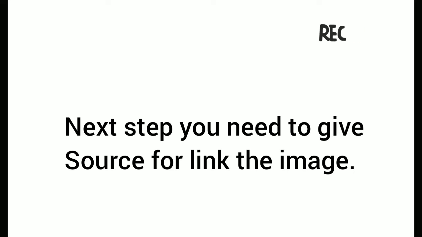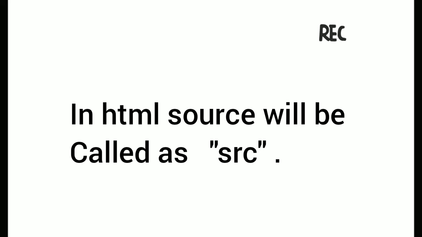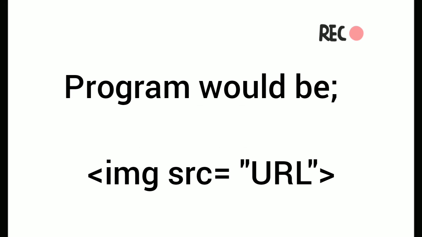Source. The source links the image, what the web page of the image should be. In HTML, source is called SRC. The source is written with S, R and C, which tells the web page that I am giving a source to the image.